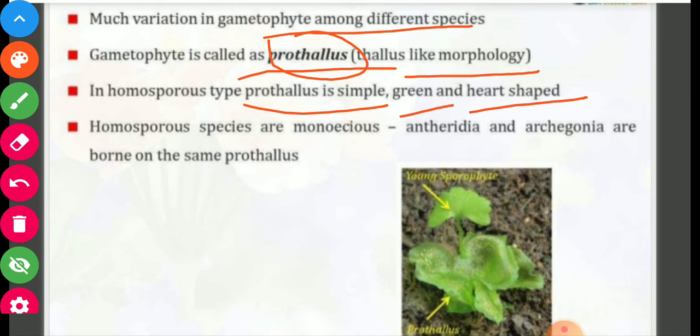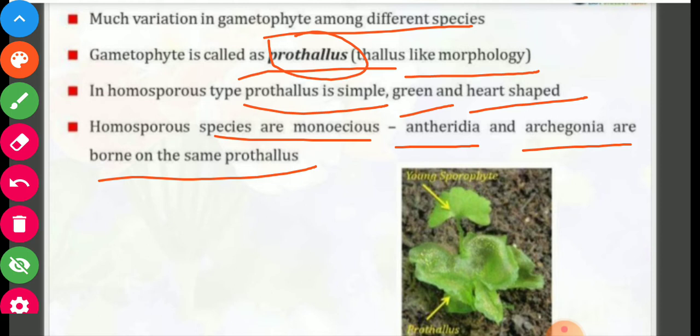Homosporous species are monoecious. Antheridia and archegonia are borne on the same prothallus. They are monoecious, meaning male and female reproductive structures are found on the same prothallus.